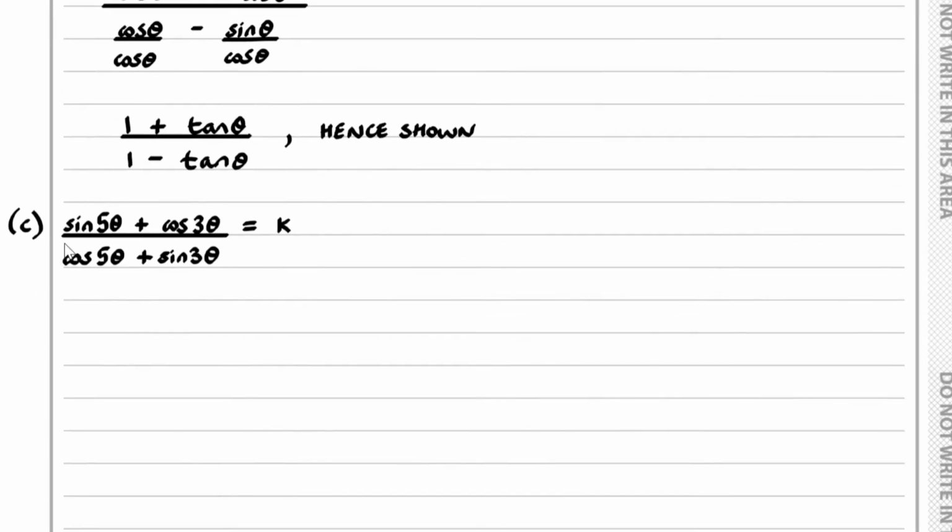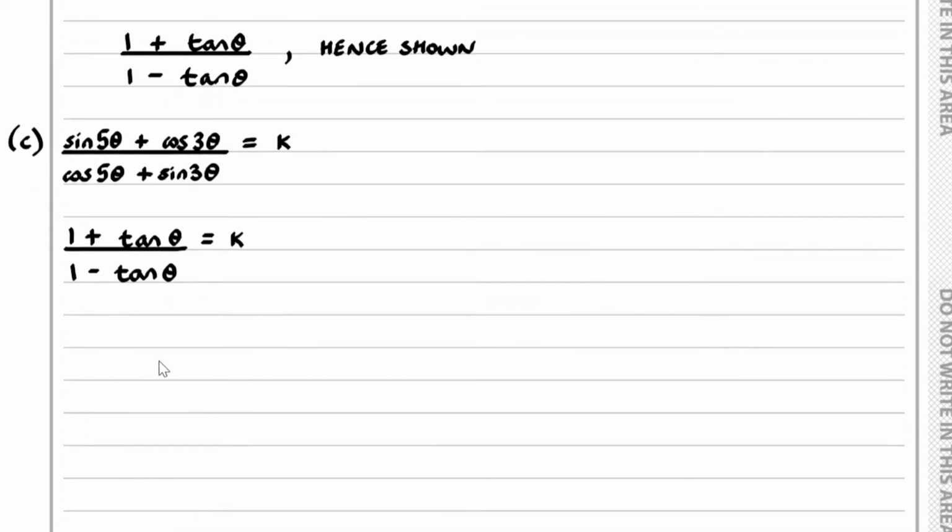So for part C, we've got the given equation, and using our result from part B, we can rewrite this as 1 plus tan theta divided by 1 minus tan theta. This is equal to k.